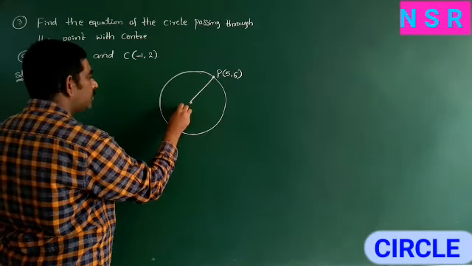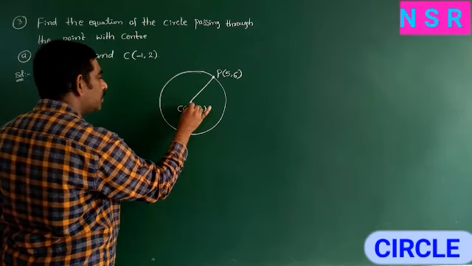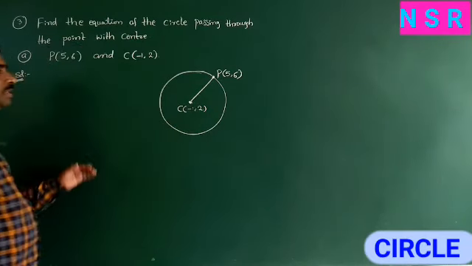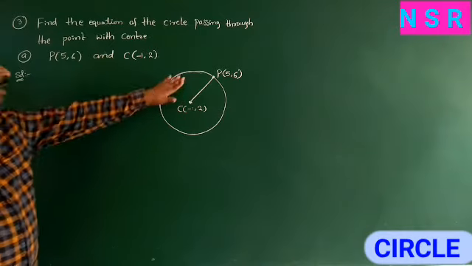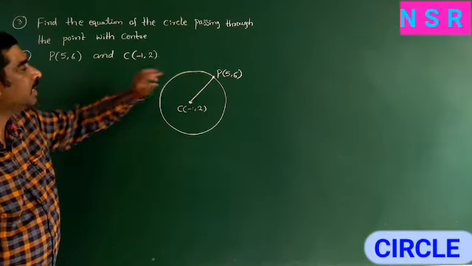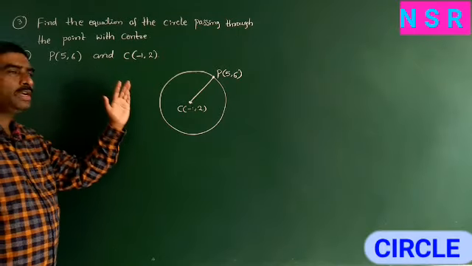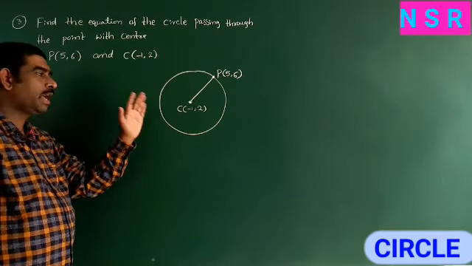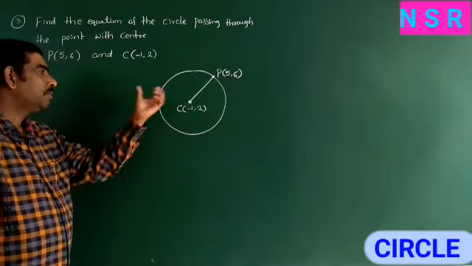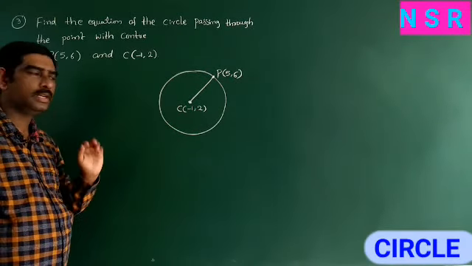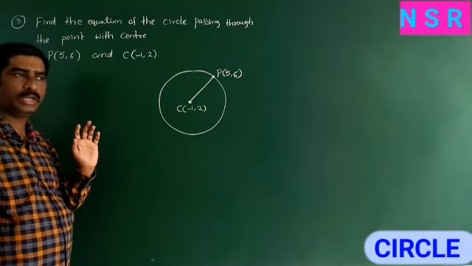So here the center of the circle is minus 1 comma 2. So here given the circle passing through one point and also given the center of the circle, find the equation of this circle. If you want to find a circle equation, we must have the center and radius, but in our question we have only the center, here no radius value is mentioned.